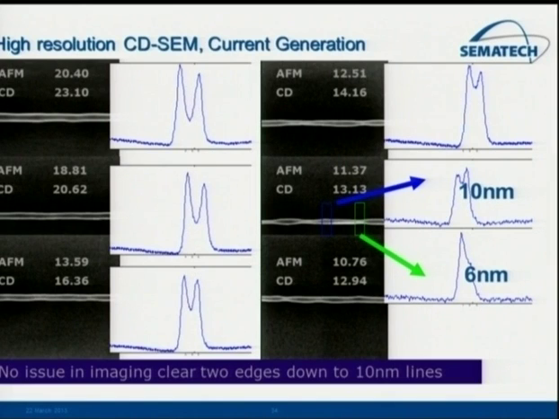As a matter of fact, these numbers over here represent the difference between a technique that I'll talk about in a few minutes that uses an entirely different imaging mode, atomic force microscopy, the actual CD as measured by doing a destructive cross-section, and then what is measured by the CD-SEM. So over here, maybe a slight offset between the physical measurements. As you get down here, it might say it's a 6 nanometer feature, where in reality it's a 12 nanometer feature.